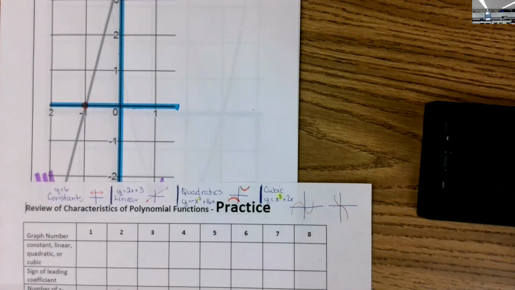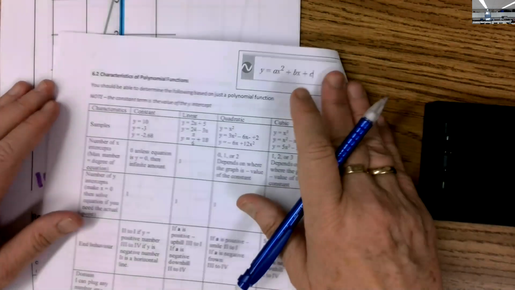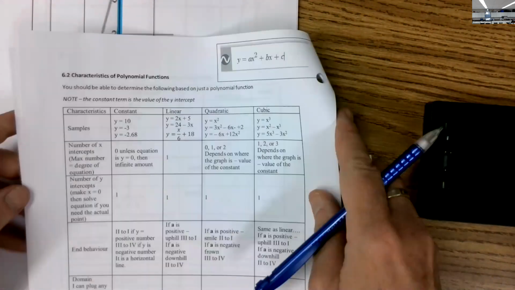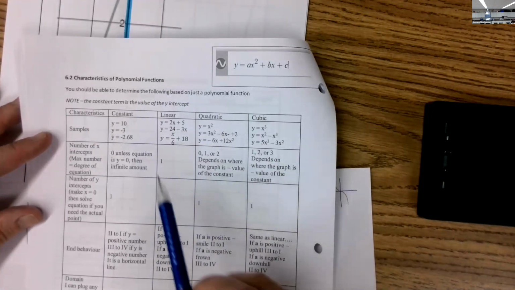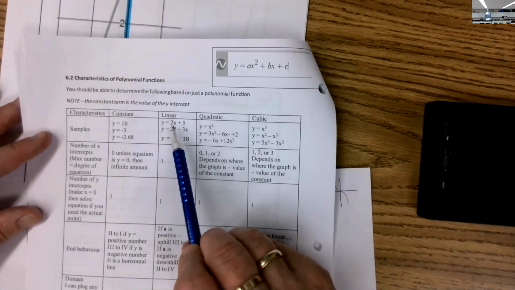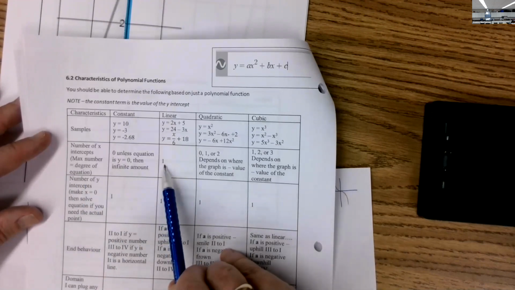If you guys get lost at some point, there is this page, page 6, and it tells you a lot of this stuff, and you can double check. So that's a linear equation, and it says it should have 1 x-intercept.